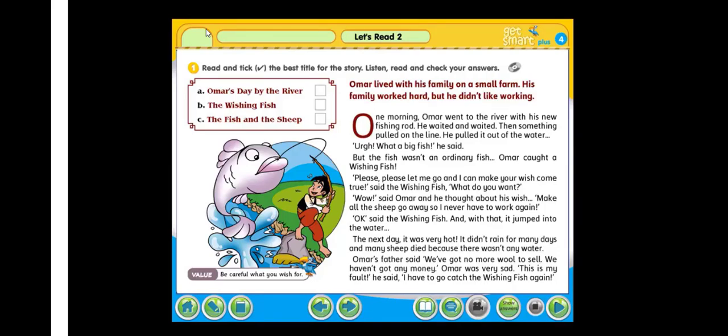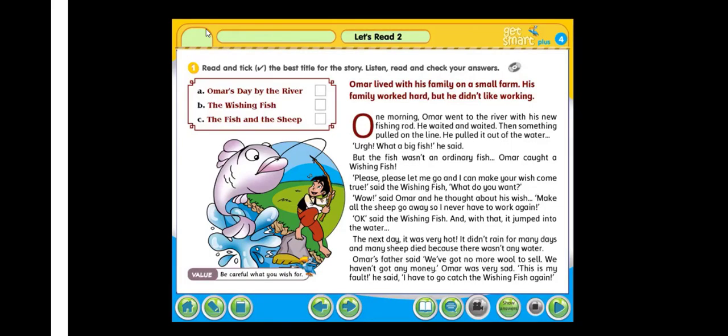Omar lived with his family on a small farm. His family worked hard, but he didn't like working. One morning, Omar went to the river with his new fishing rod. He waited and waited. Then something pulled on the line. He pulled it out of the water. "Ugh, what a big fish," he said. But the fish wasn't an ordinary fish.